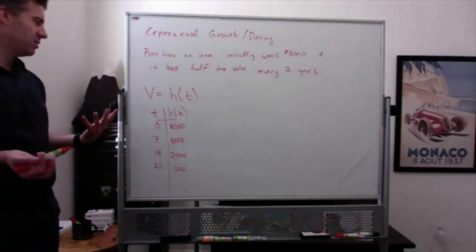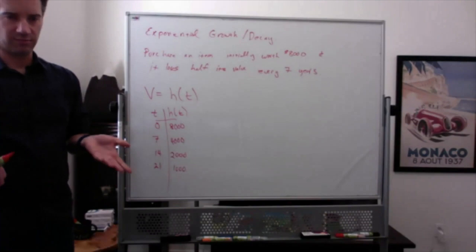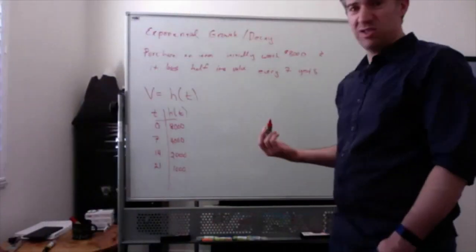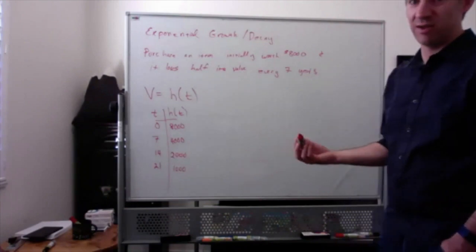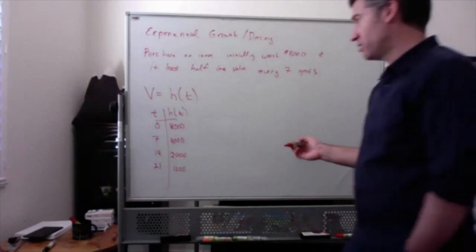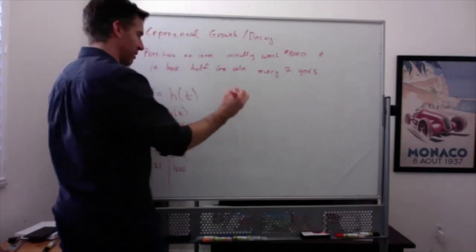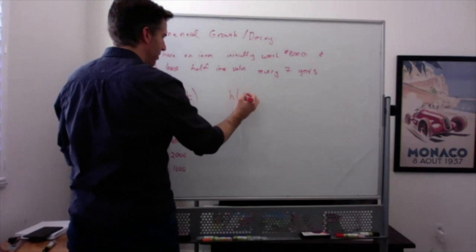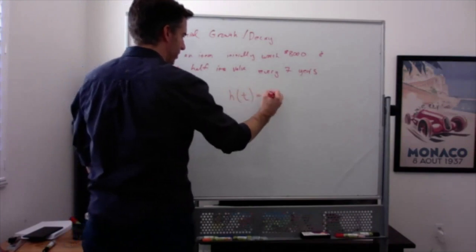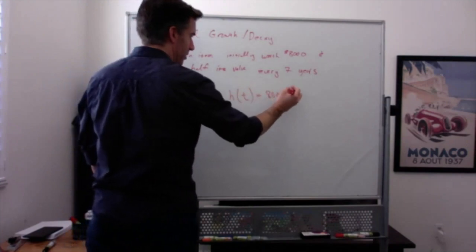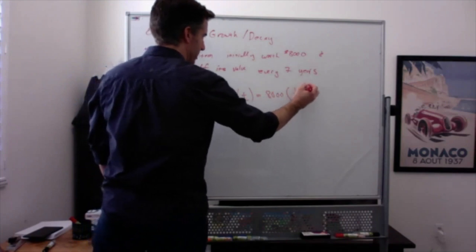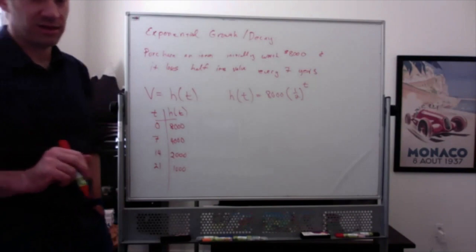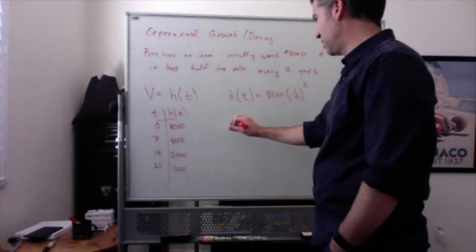So how do we write a function for this? Well, the numbers we're given here are meant to be somewhat not terrible. Basically, we need a function that starts at $8,000 and then every 7 years multiplies by a half. So I want something like H of T equals 8,000 times 1/2 to the T. That's not quite right, so you might not want to copy this exactly.